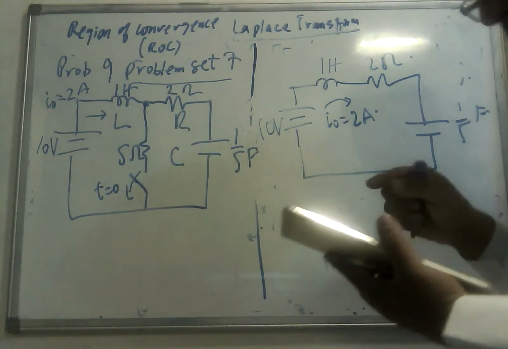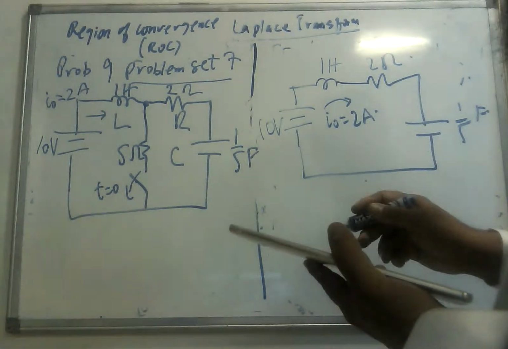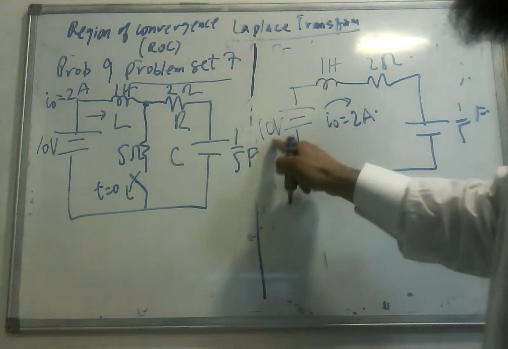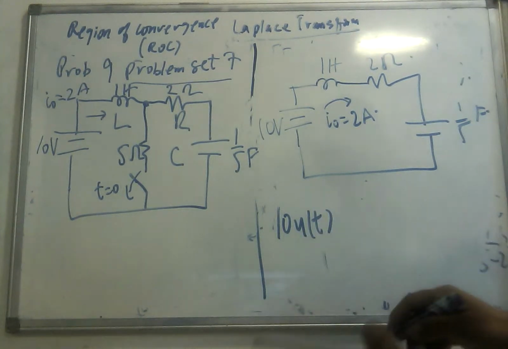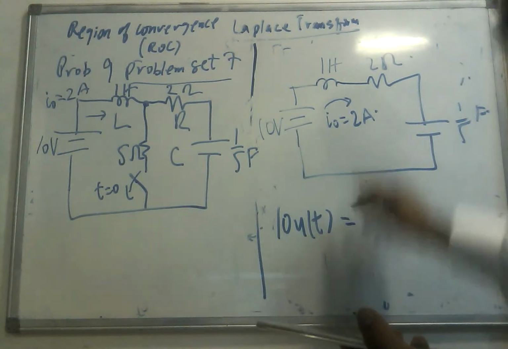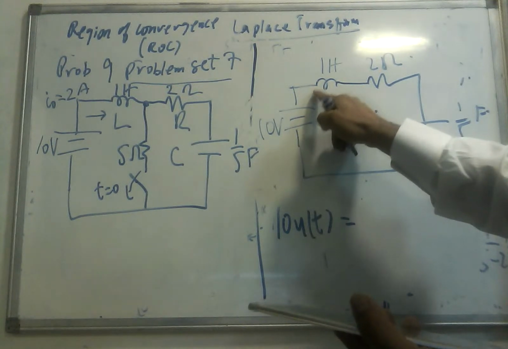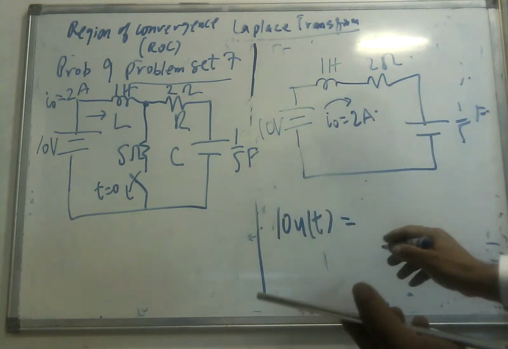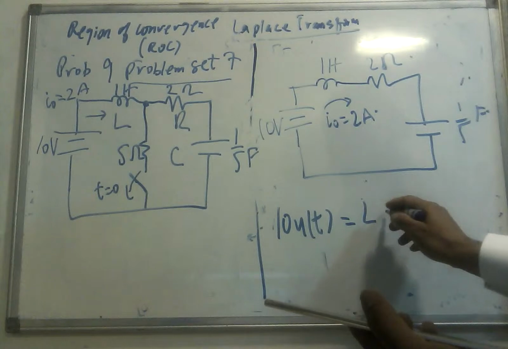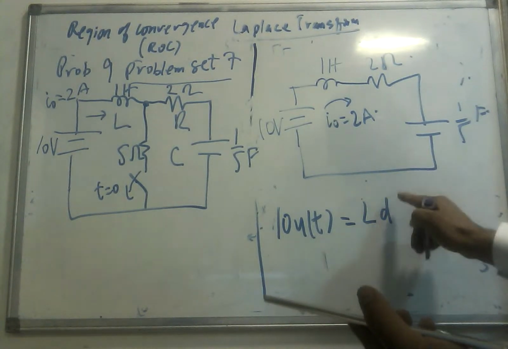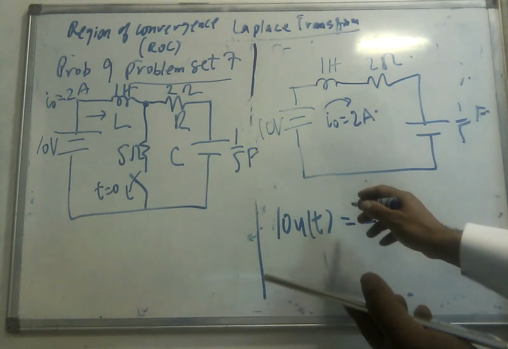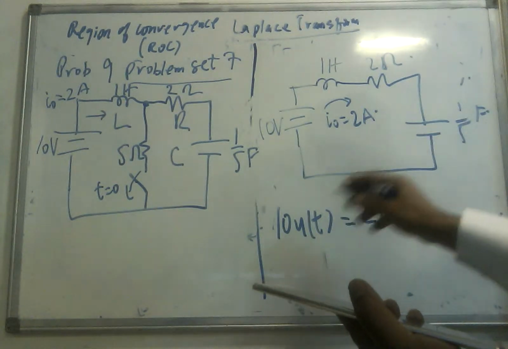The voltage equation will be, this is 10 volts, so this is 10 u of t, equal to the voltage here. This voltage will be L d, I call the current y. So I'm writing the voltage equation.